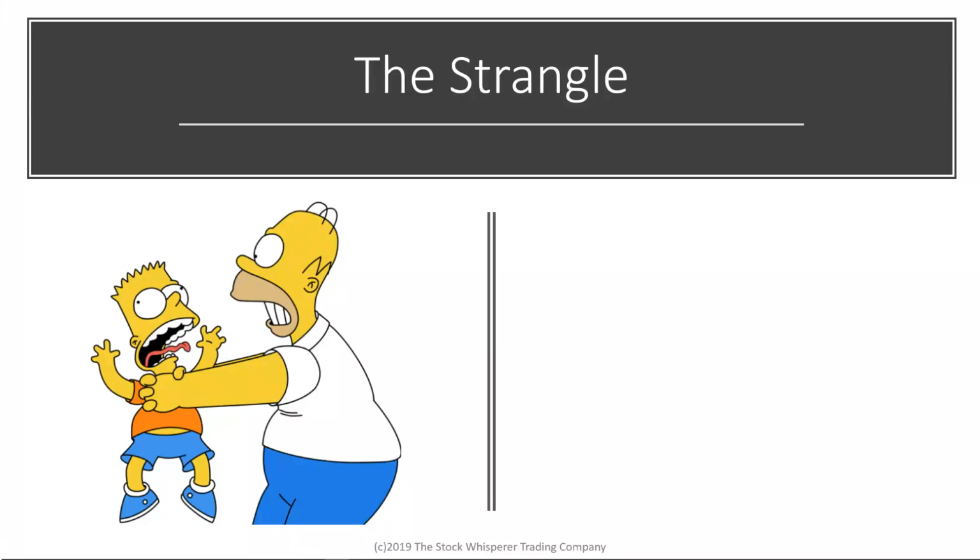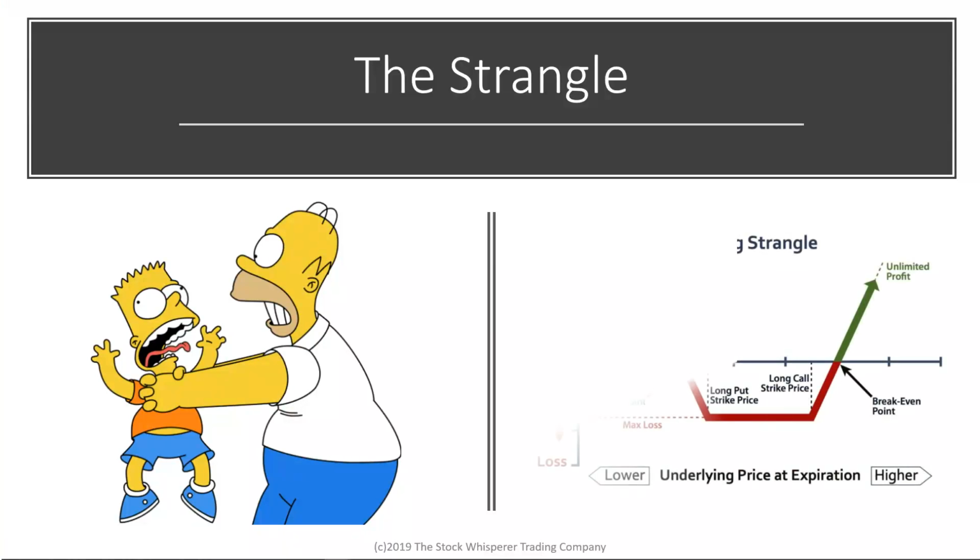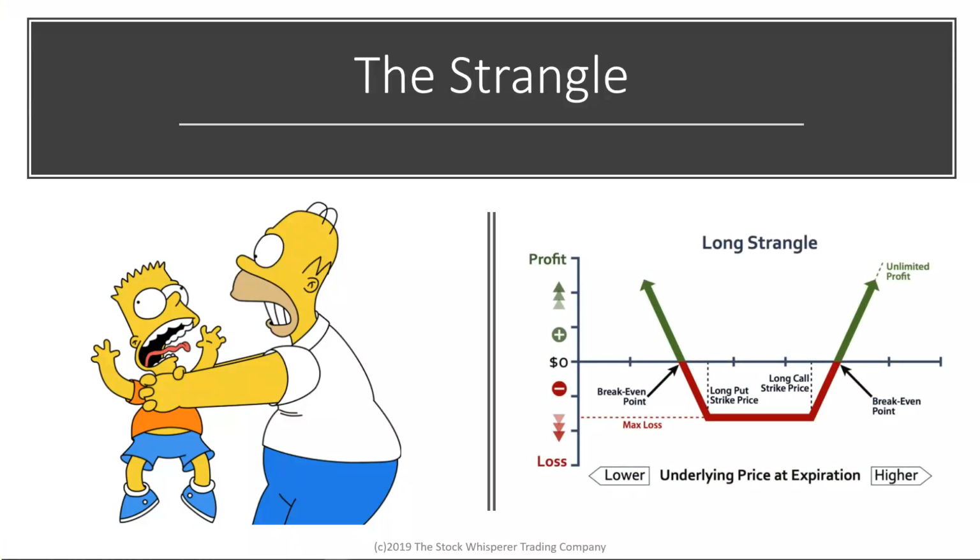What a strangle is really, and this is a long strangle, not that kind of strangle, by the way, this kind of strangle. What you do is you're buying out of the money calls, you're going long out of the money. It could be $1 out of the money. It could be $2, $5. If you're trading Apple, it's going to be $5 out of the money.